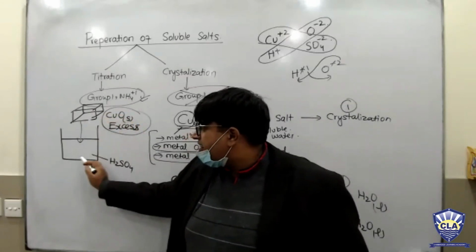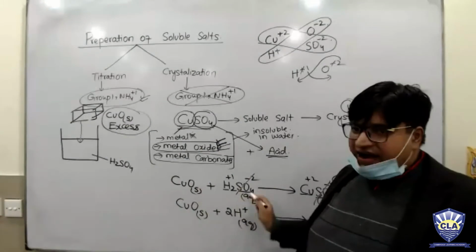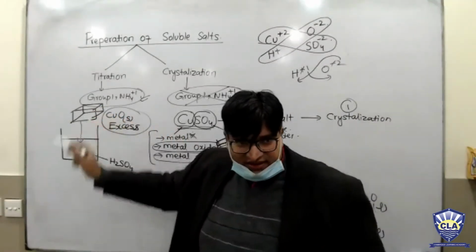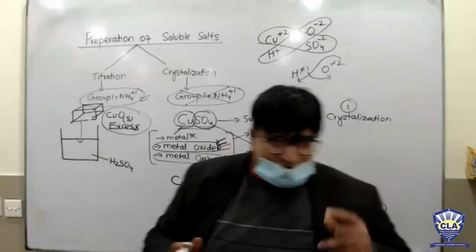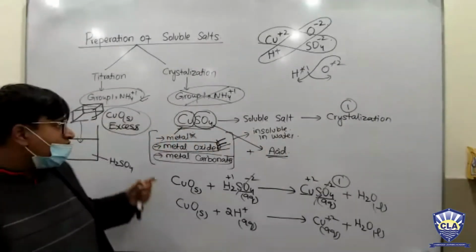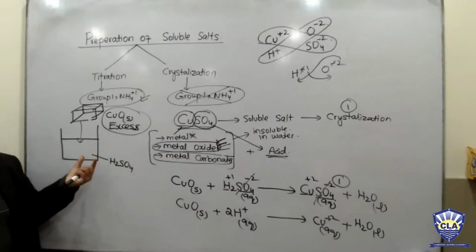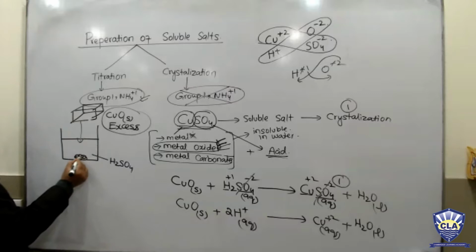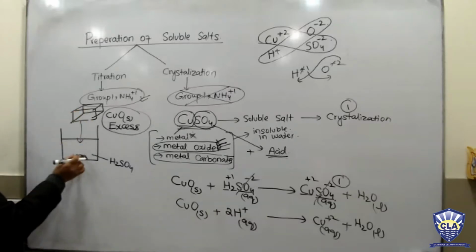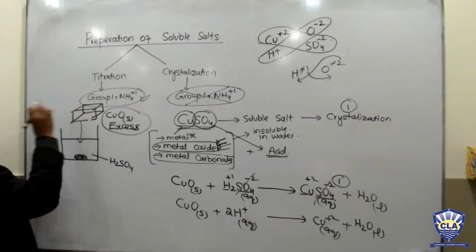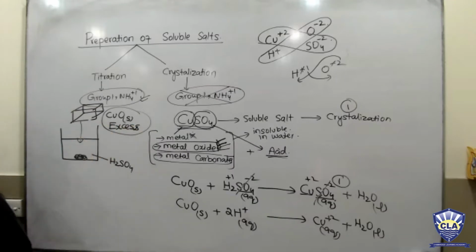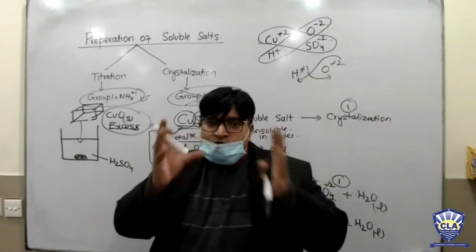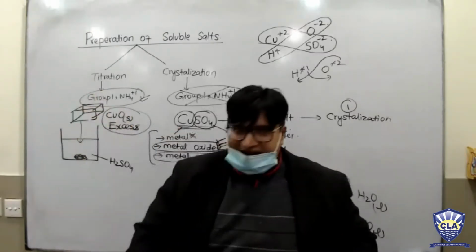They will start reacting with each other. As this thing is in excess, it has got a larger piece. So some amount will react with the acid, and some amount will be left behind. A small piece of this one would be left behind. Why? Because this thing is in excess. Excess means it is in greater quantity. So you put a large piece of copper oxide inside it.